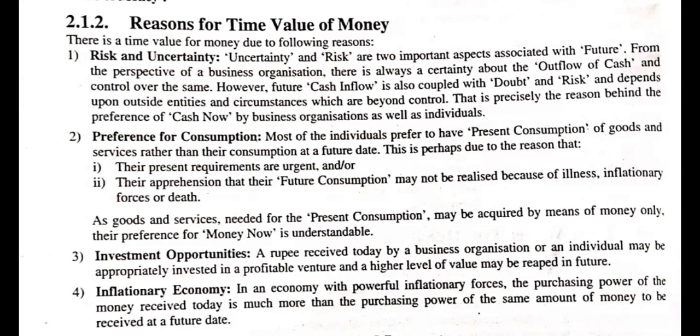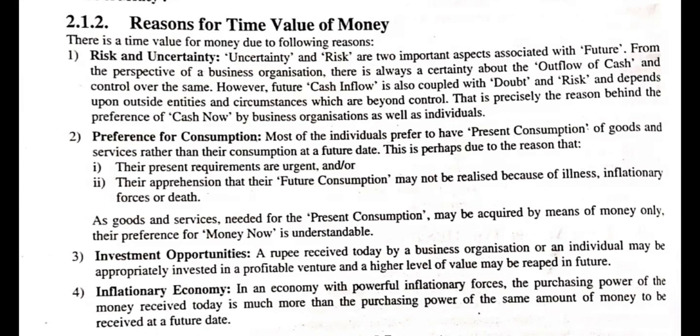Second is preference for consumption. Most individuals prefer present consumption of goods and services rather than consumption at a future date. Some people feel that whatever we have today we can consume or use, instead of waiting for tomorrow, because we don't know what happens tomorrow.